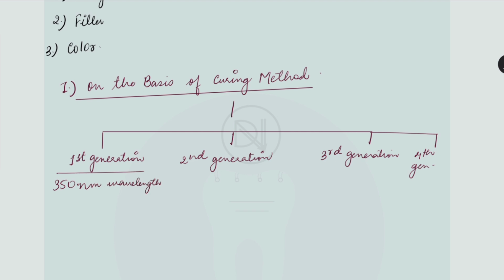So 350 nanometer wavelength light is required, and curing occurs with the help of polymerization. In the second generation, the curing occurs by itself. So it is a self-curing method, and it is chemically cured.